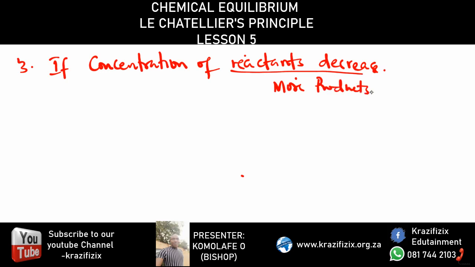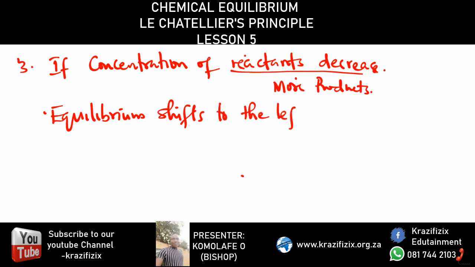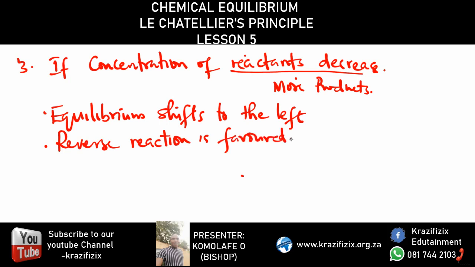What will happen? Equilibrium shifts to the left, so that it can balance it. Equilibrium shifts to fill in what we took away. The reverse reaction is favored. Now what happens? More reactants will be formed.